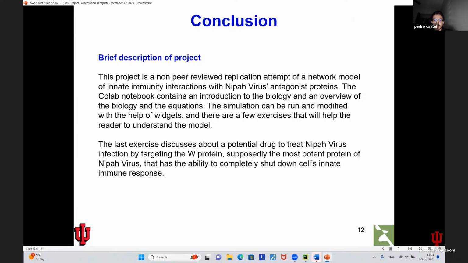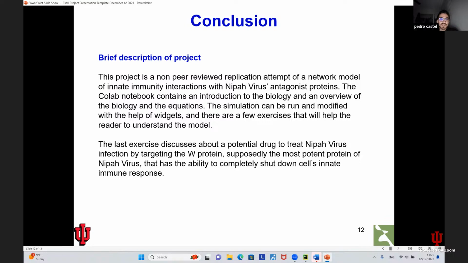Conclusions. Well, it's not a peer-reviewed project, but it's a replication attempt of their model. There's a Colab notebook with widgets that help users change parameters and see the results live, and exercises that can help the user understand the model.